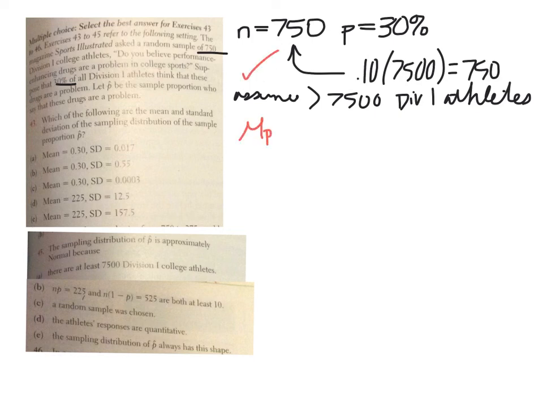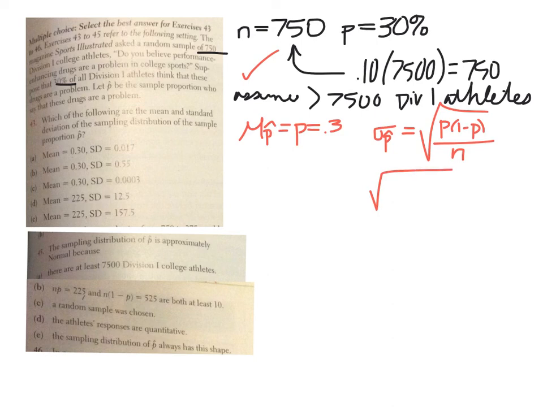The mean of p hat, this is honestly just a straight up plug the numbers into the formula. So the mean is going to be 0.3. The standard deviation is going to be this guy. So we're going to get the square root of 0.3 times 0.7 over 750.